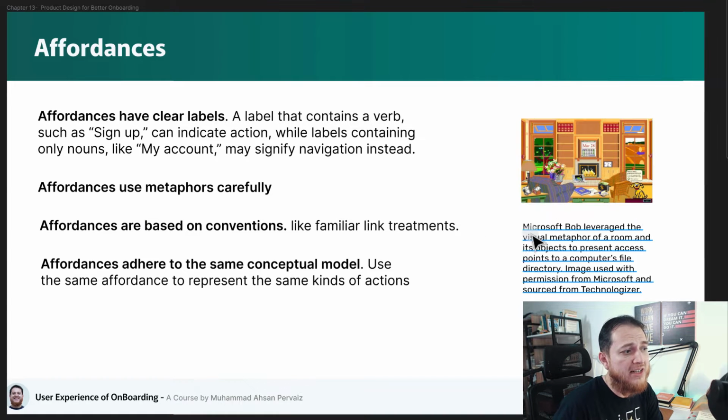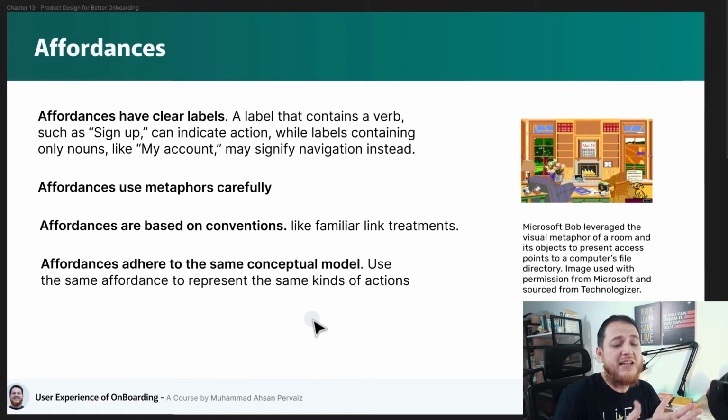Like you can see on the right, there was a very old Microsoft Bob metaphor that actually showed your whole room, with a clock on the wall, a calendar, your computer, your books, and a dog that can show some help. Anyhow, that actually failed, and they had to stop using this.